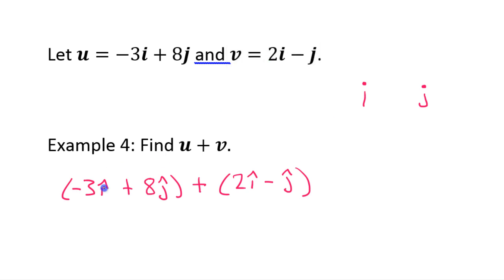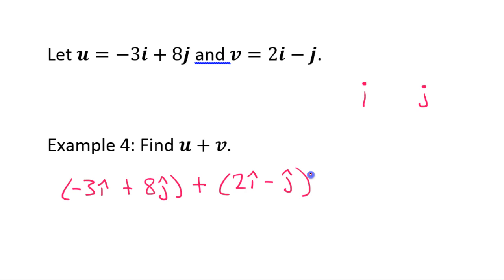The reason is, in type, you can indicate that something is a vector by making it bold. So this is not just a U, it is a bold U. This I and J, they are bold. That means that they are vectors.